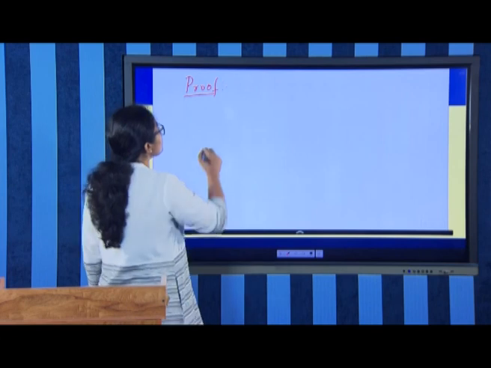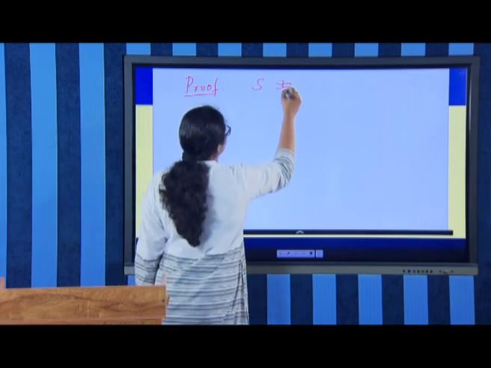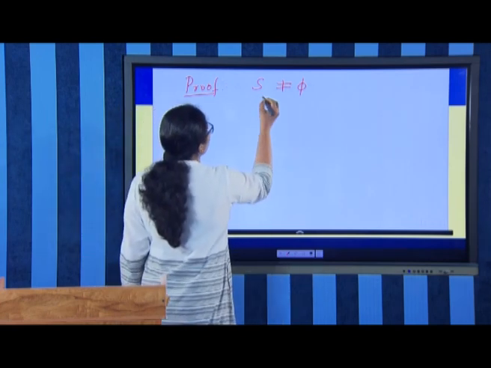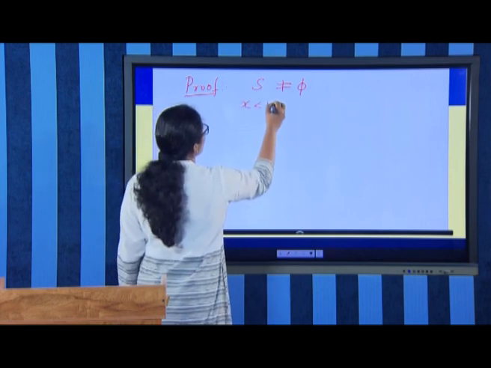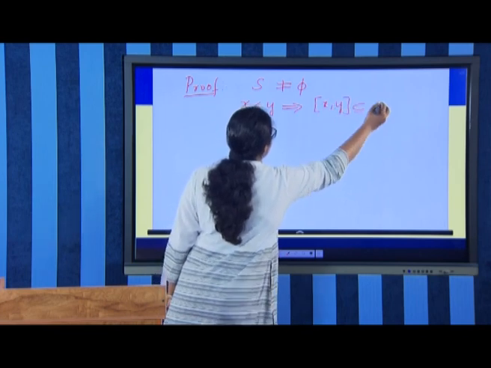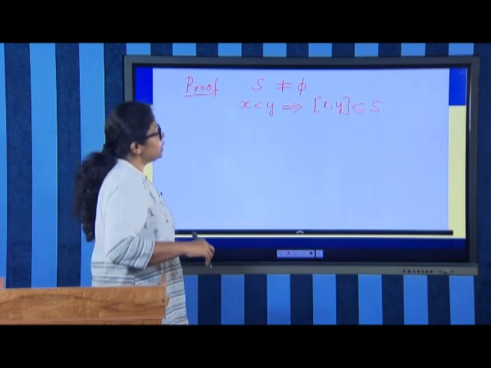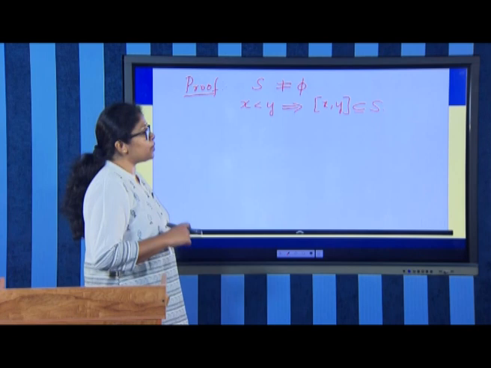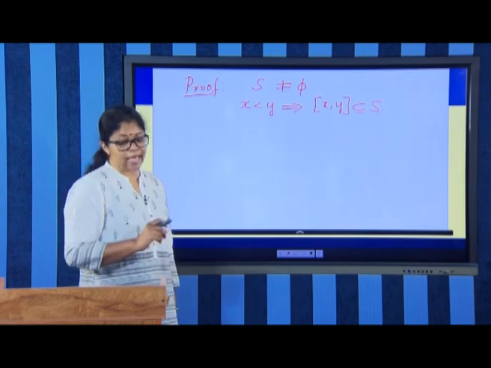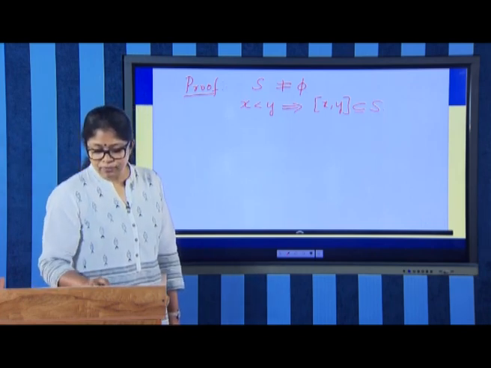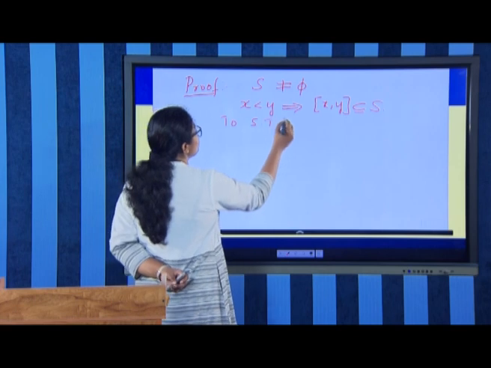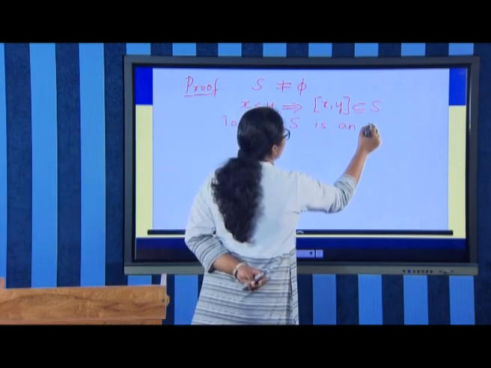We are given that S is a non-empty set which contains at least 2 points, and it has the property that if x is less than y, then the closed interval [x, y] is contained in S. Now, we have to show that S is an interval.